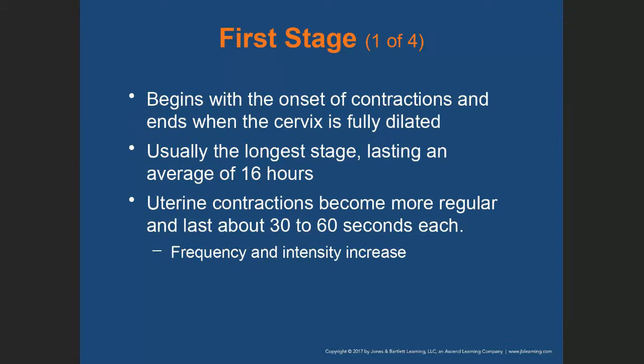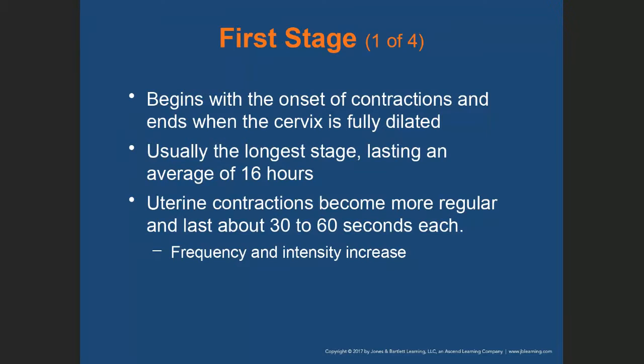Uterine contractions become more regular and last about 30 to 60 seconds, and they will increase in intensity. That is important. If they're having contractions, are they increasing in intensity?